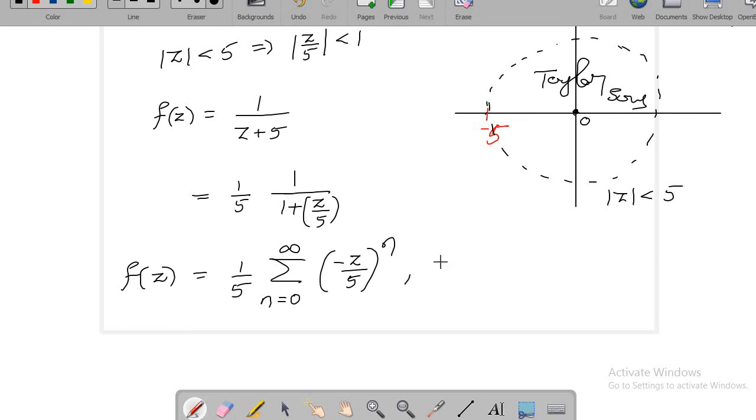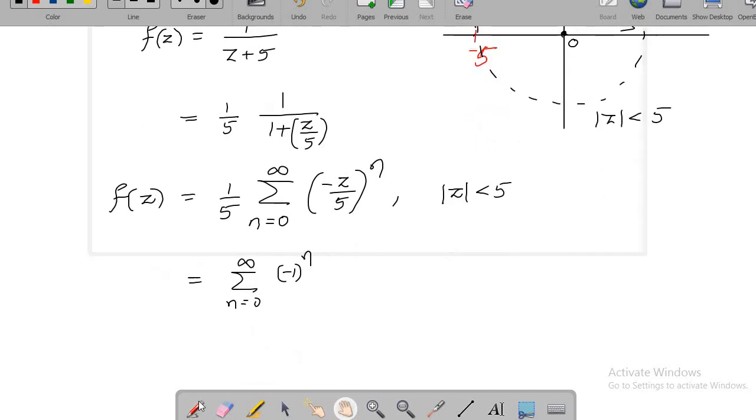So this is the series expansion of the function when mod z is strictly less than 5. Or you can write it as summation n equal to 0 to infinity, minus 1 to the power of n by 5 to the power of n plus 1 into z to the power of n. This is when mod z is strictly less than 5.